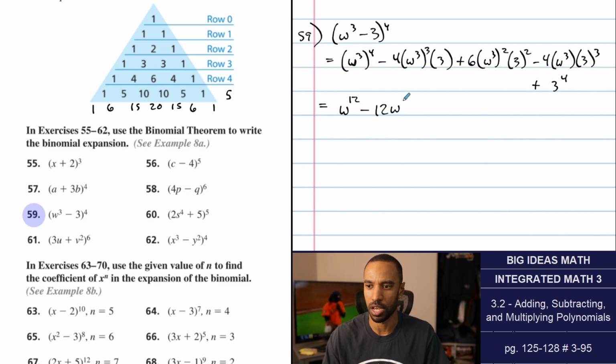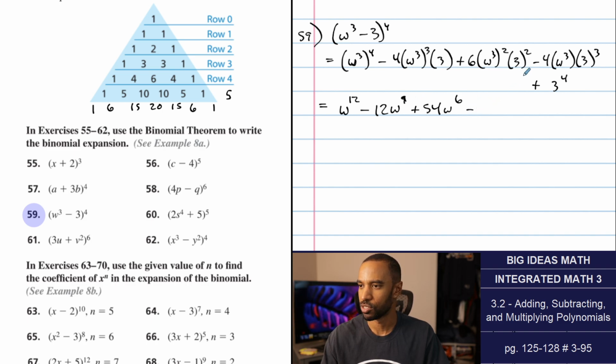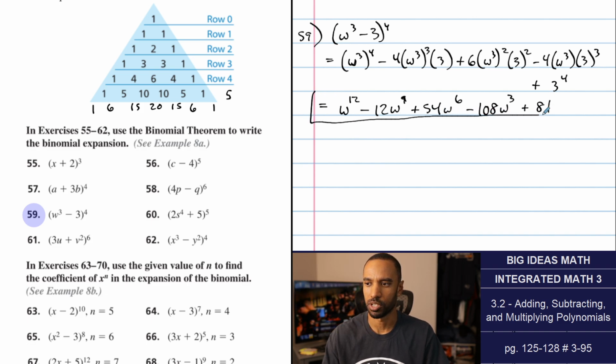So 12w to the 9th. Remember, these multiply. Plus 6 times 9 is 54, w to the 6th. Minus 4 times 27 is 108. Minus 108, w cubed plus 3 to the fourth is 81. That actually wasn't as bad.